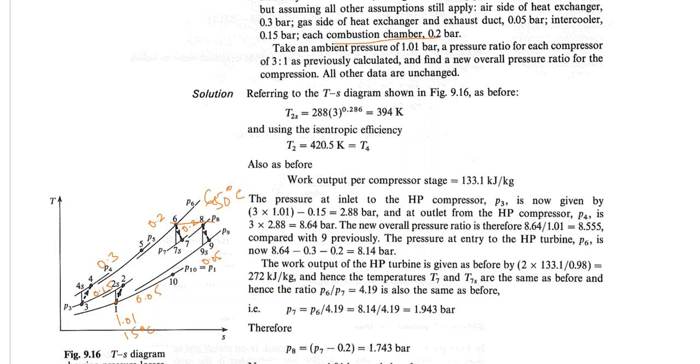So state 1 would be there, with the same temperature as previously. T2s would be the same as previously calculated, and T2 would also be the same, 420 Kelvin. The work output from the first stage of the turbine is 133.1 kilojoule per kg.